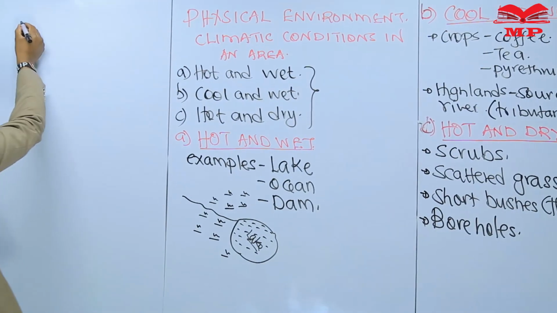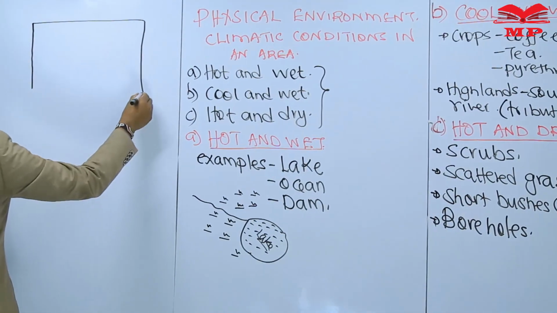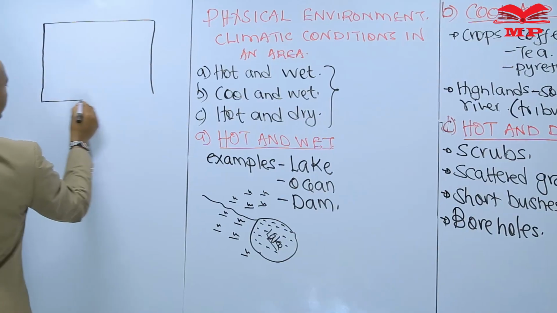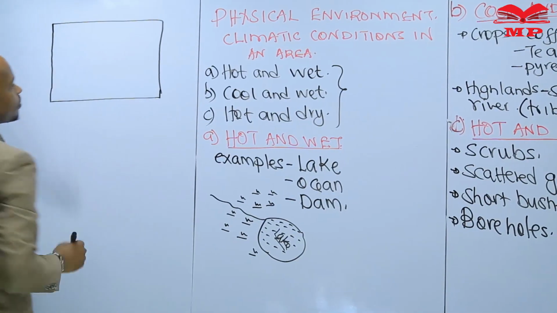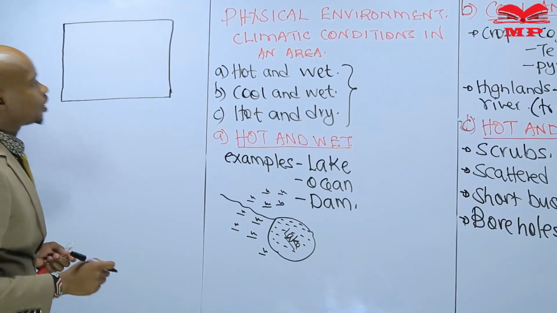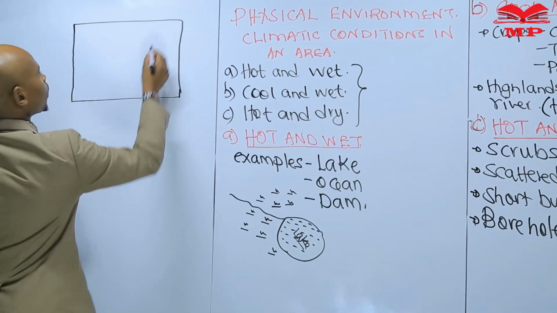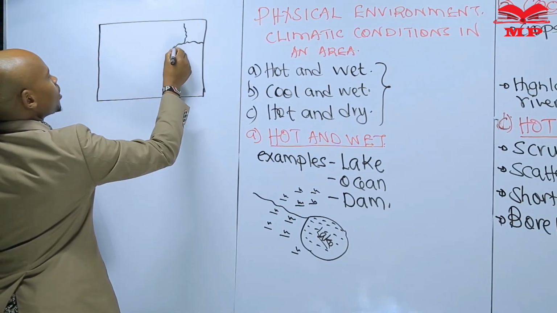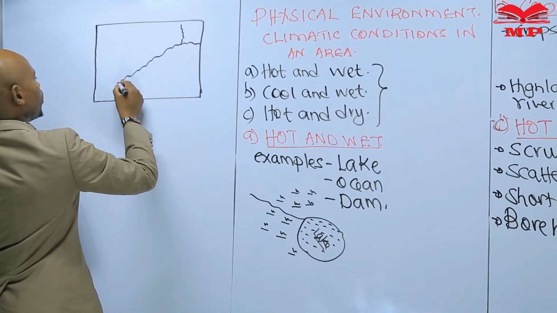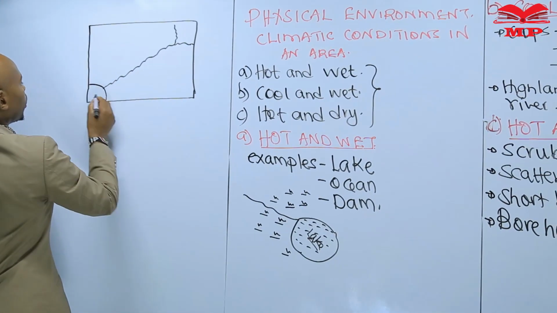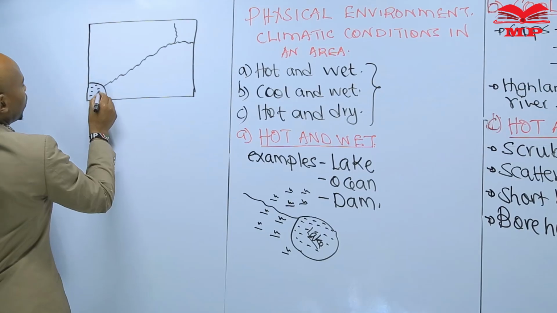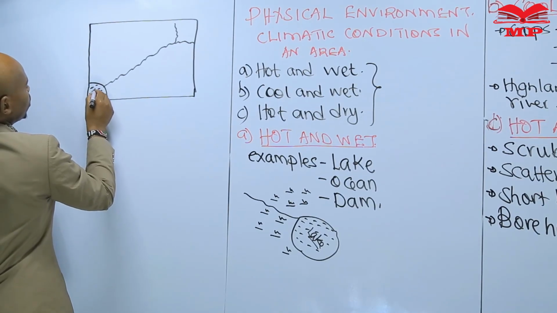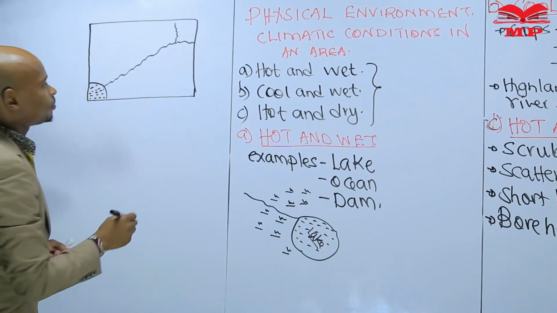Let me give an example of a map. Assuming this is my map here. And my river, there is River Philip there. That is River Philip, and it is draining to that lake there.